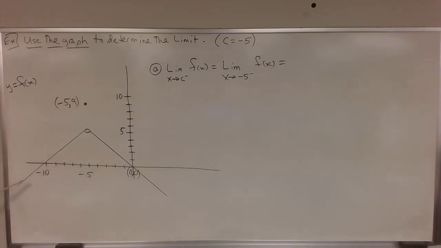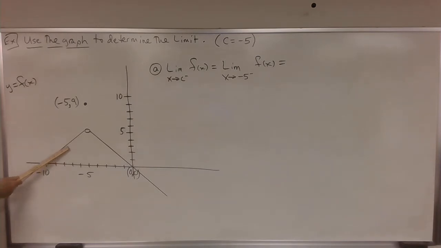And if we move along the graph in this direction, then we're moving along the graph in such a way that x approaches -5 from the left. And if we move along the graph in such a way that x approaches -5 from the left, what value does f of x, the y value, get close to?